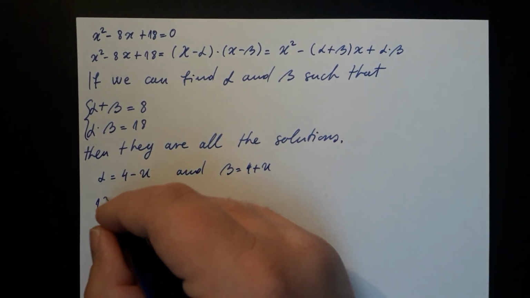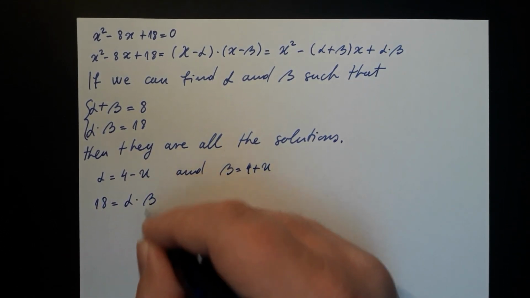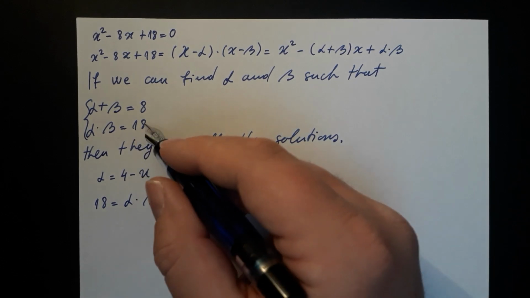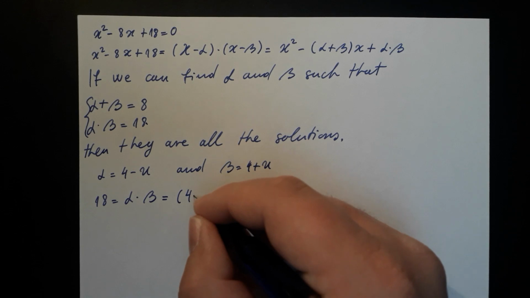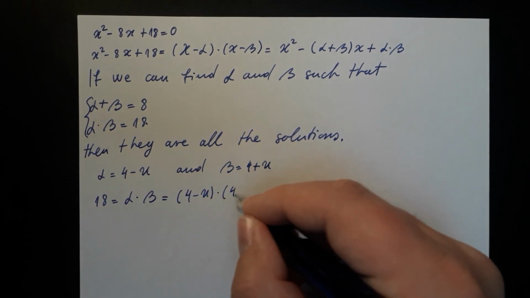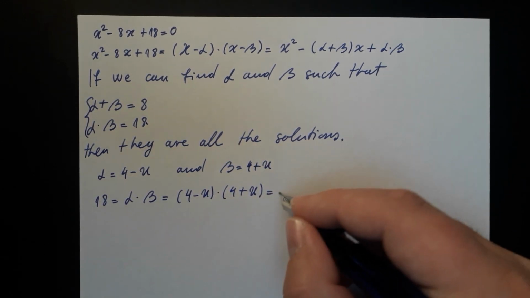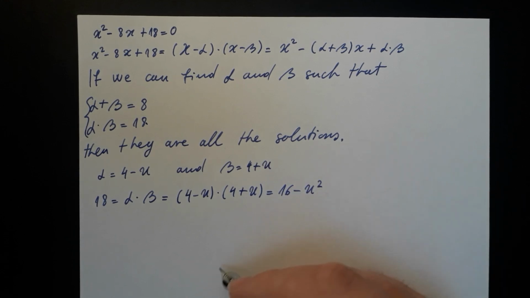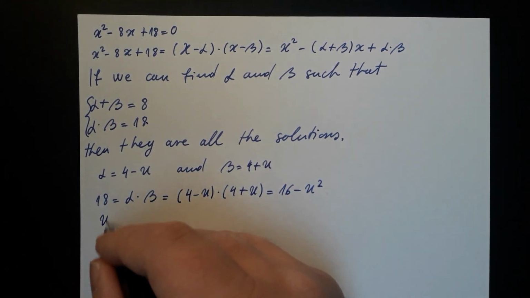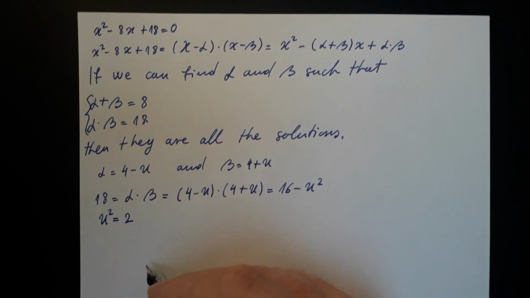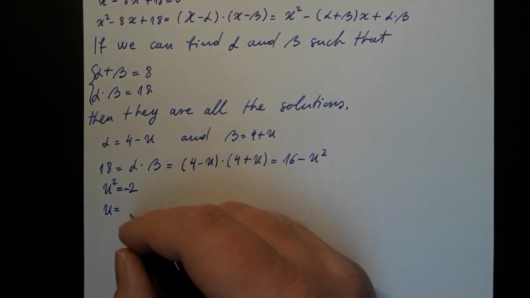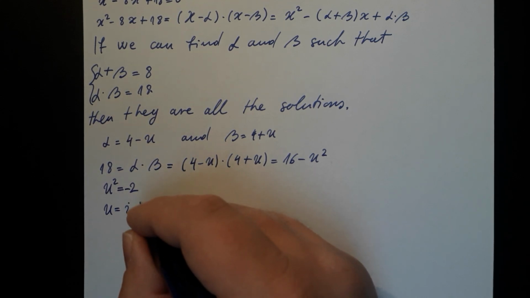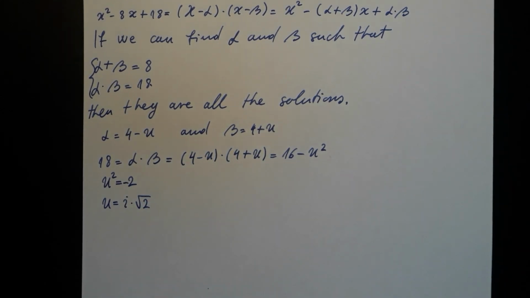So then 18 is going to be alpha multiplied by beta, which is the second equation of this system, and we are going to write it as 4 minus u multiplied by 4 plus u. This is 16 minus u squared, and then we get that u squared is equal to -2. Well, this just means that u is going to be i multiplied by a square root of 2.